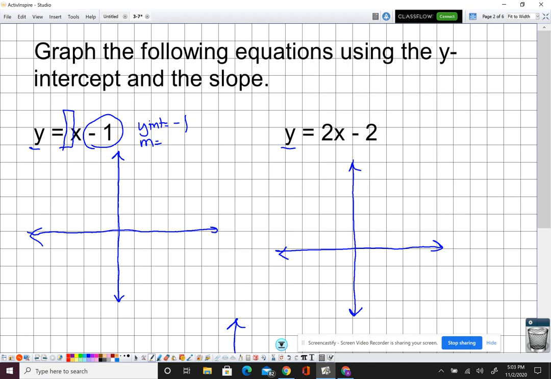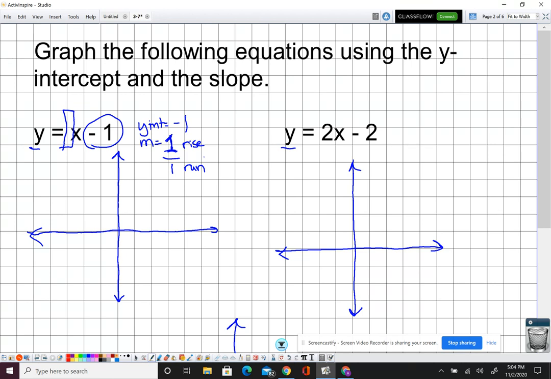Because there is no number there, it's an implied 1, because we have 1x. We don't normally put the ones in front or say them, but we need that 1 for our slope. Because it's a whole number, we make it into a fraction so we can talk about rise and run, and any whole number can be made into a fraction by putting it over 1. The top part is our rise, and the bottom part is our run.